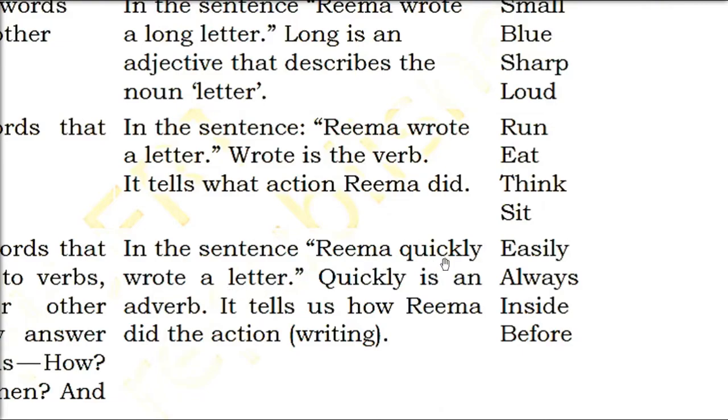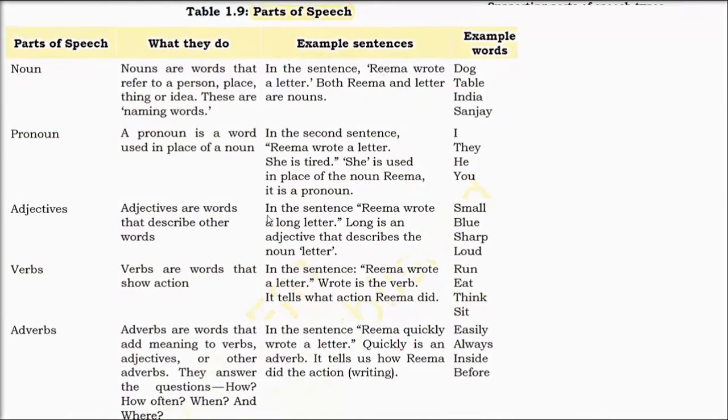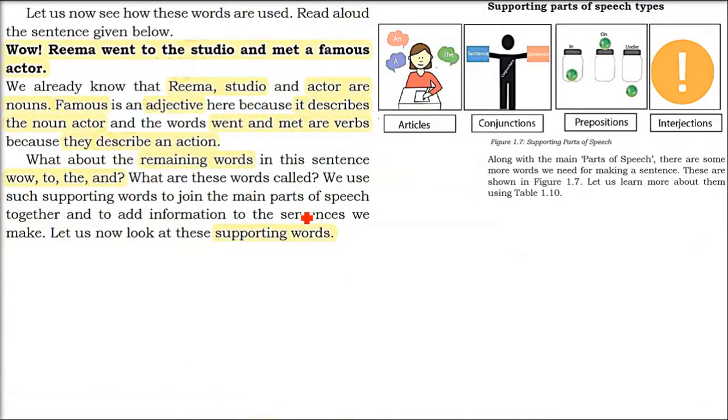"Quickly" is an adverb. "Quickly" is not a verb here. It's an adverb. "Wrote" is a verb. Easily, always, inside, before, these are adverbs. They give you meaning about verbs, adjectives and other adverbs also.